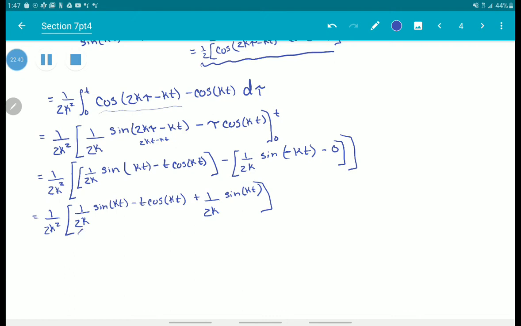And then we can put those two terms together. So that's going to be a 1 over k sine of kt minus t cosine of kt.